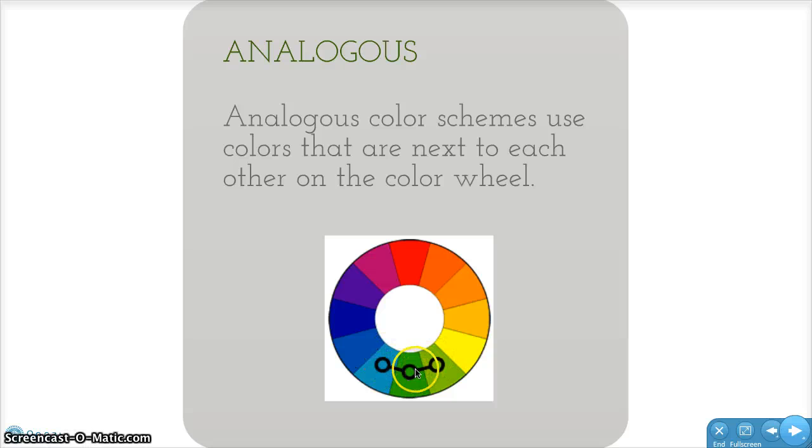So these three are analogous color schemes. And if you go up here, you can go red, orange, and light orange, or you can go red, pink, and purple. So the colors that are next to each other on a color wheel is an analogous color scheme.